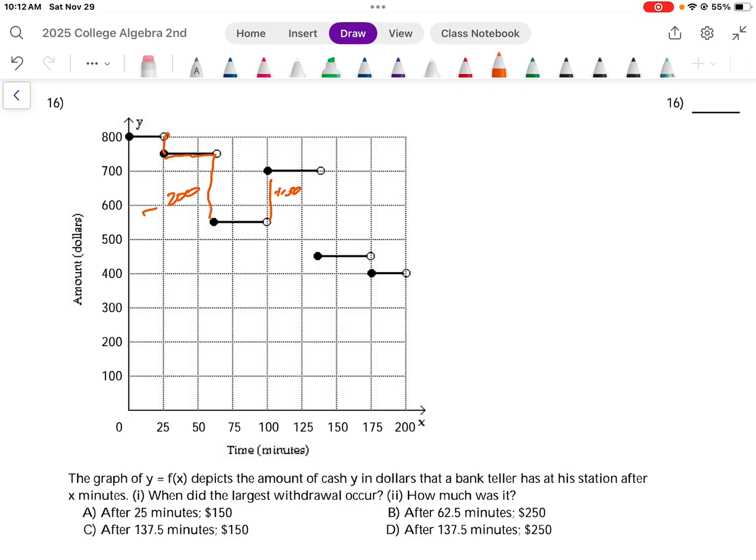Then from here to here, we went from 700 past 500. This looks like a negative 250, something like that. And so as I look at my choices, not those two, here we got 250 listed twice. And that was technically right here is when that took place. So somewhere around 137 minutes.